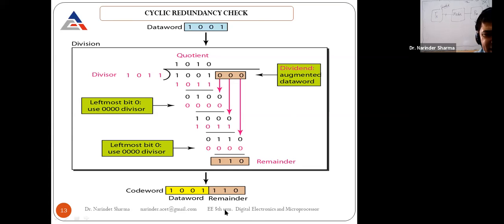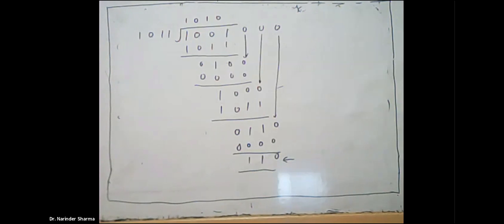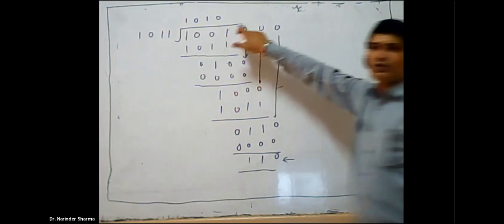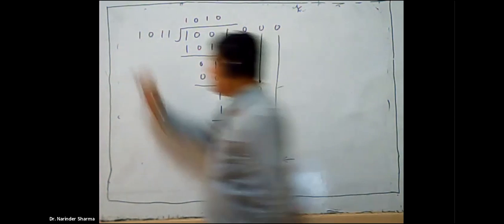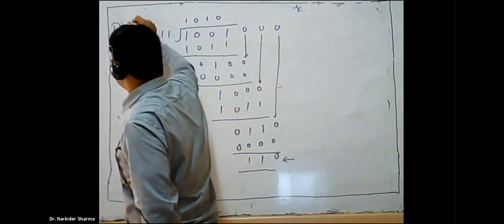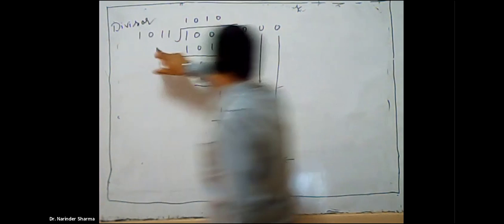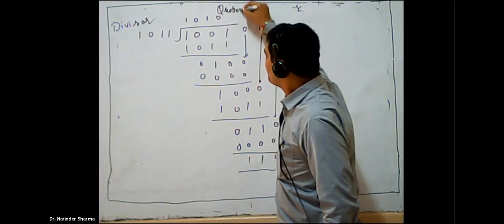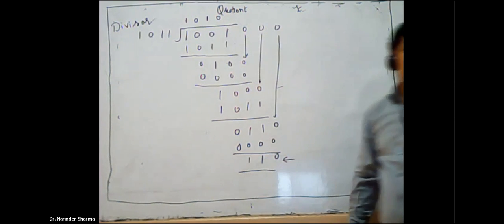How can we divide this? Here, this is the data 1001. It should be divided by 1011. It is said to be the divisor, and this should be your quotient.